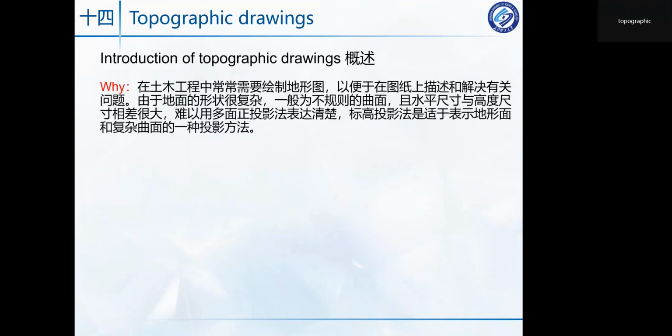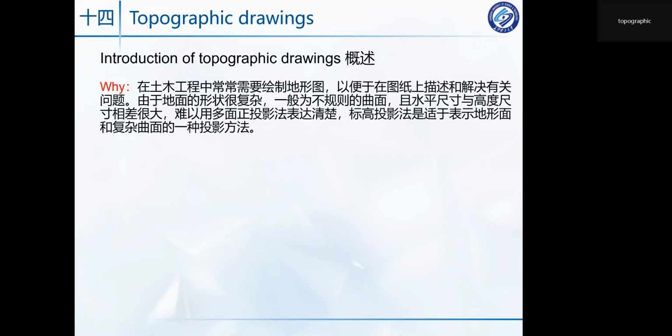Okay, so let me think about how to represent. I think we have learned a lot about the different views. Maybe you will remember the front view, the left view, and the top view. So we have learned these three directions. Now please imagine that there is a mountain in front of you, or an irregular shape of ground in front of you.